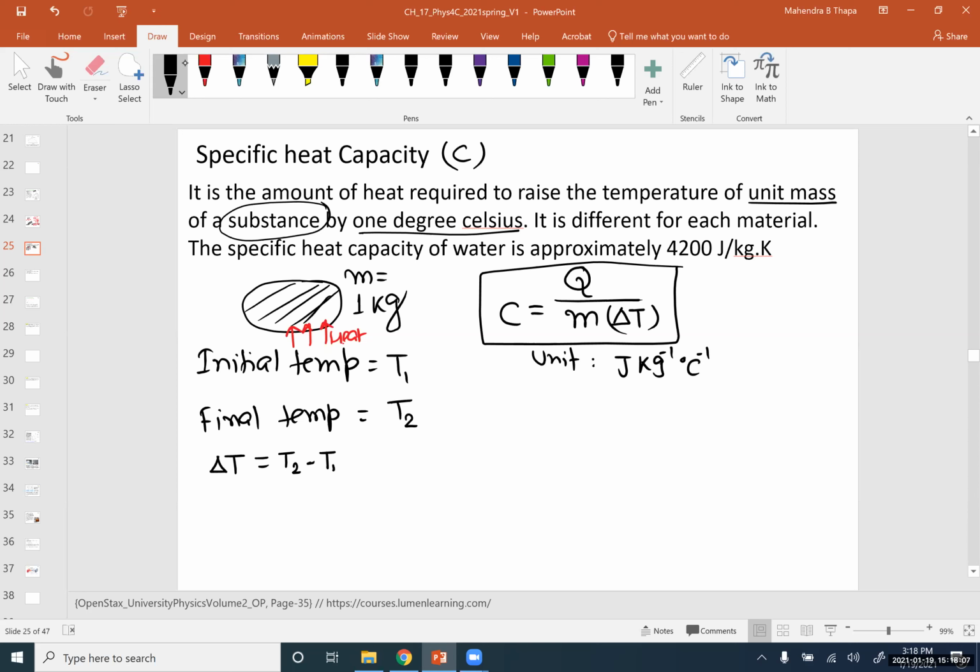In this equation, what I have introduced here, this C is the specific heat capacity, Q is the heat supplied, m is the mass, and this delta T is the change in temperature.